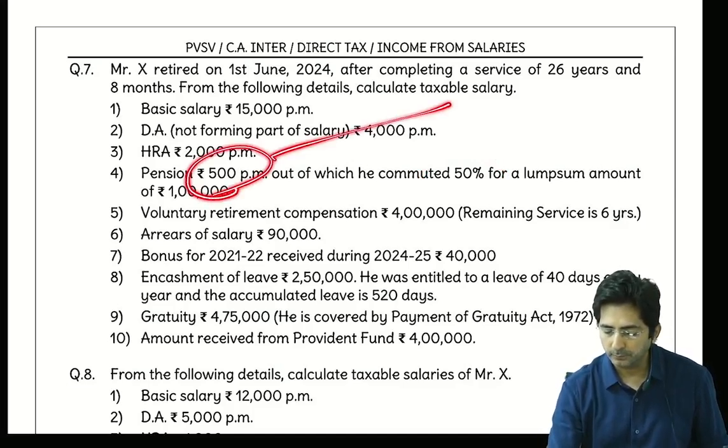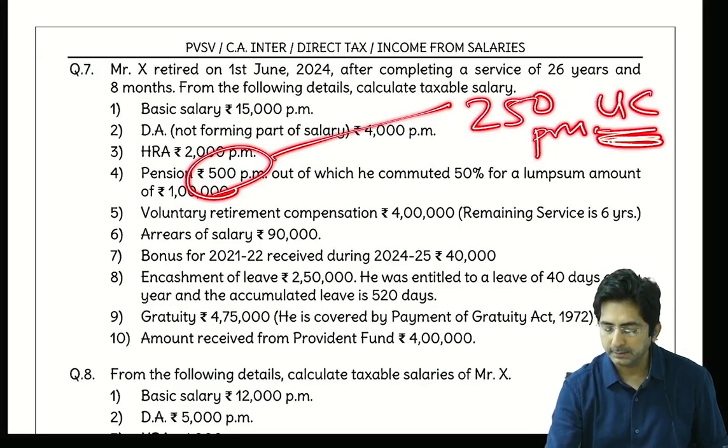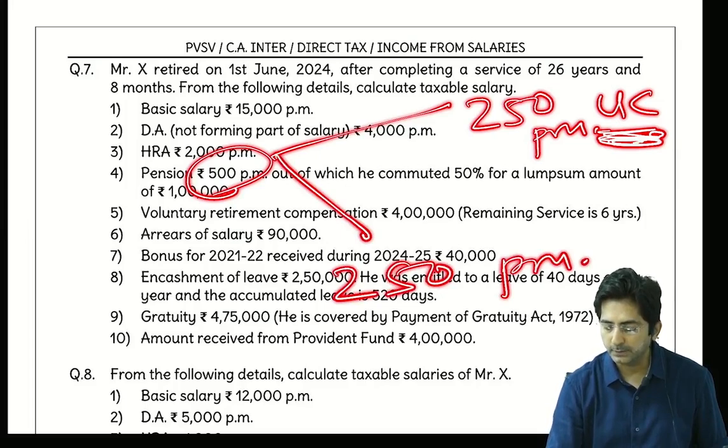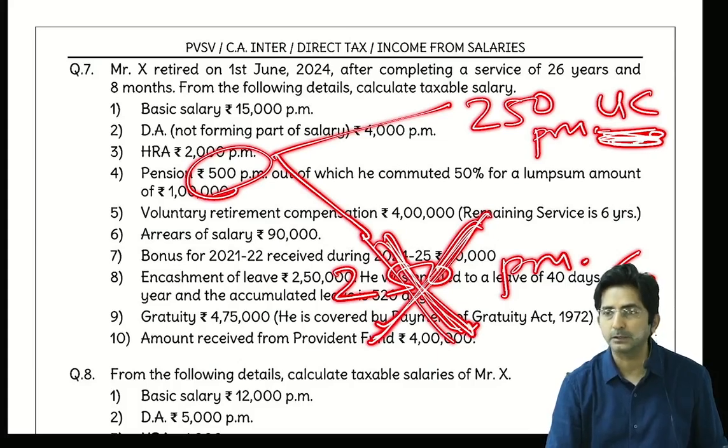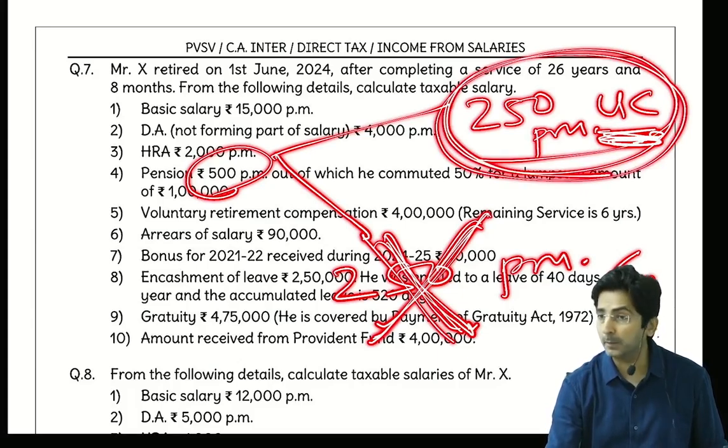From 500, 250 per month is uncommuted, and uncommuted means it is unchanged. It will remain 250 per month only. This you will get on a month-to-month basis. I am not interested in the other 250 per month, the one which is commuted, because commuted means your monthly pension gets cancelled and you get a lump sum figure. But this is uncommuted, this will remain per month only.